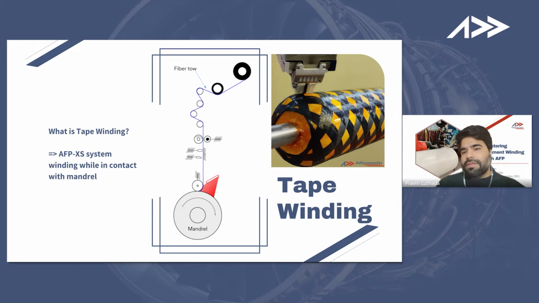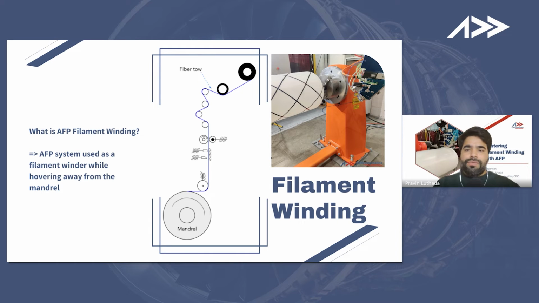The answer is, if you constantly have to be in contact while doing the winding, there are regions you reach where you will collide with the shaft of the mandrel, and because you are always in contact, you have to follow the geometry, which in filament winding you don't have to. That is why the need for filament winding with AFP came to be, where you can eliminate having a winder altogether and just use the existing AFP as a filament winder.